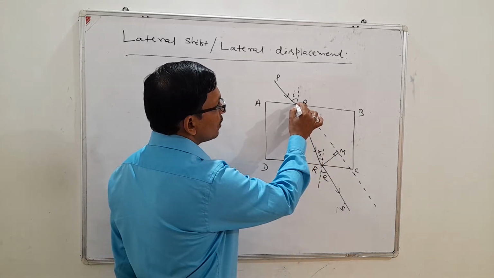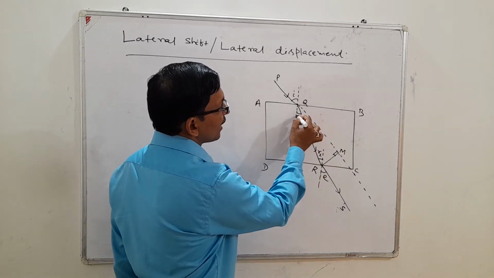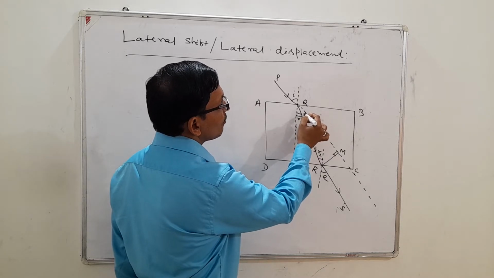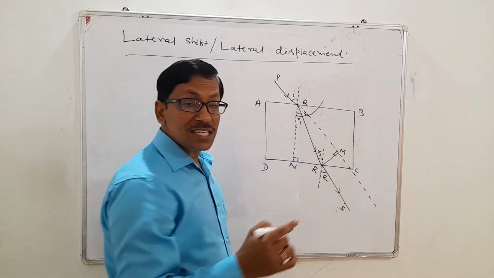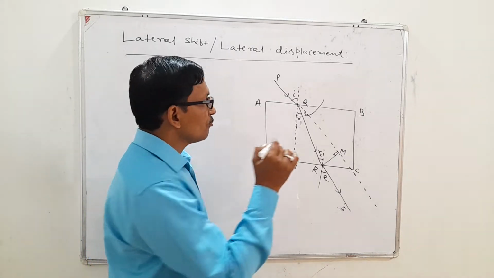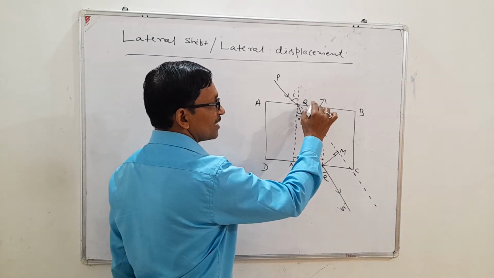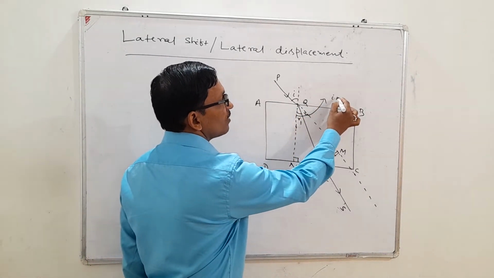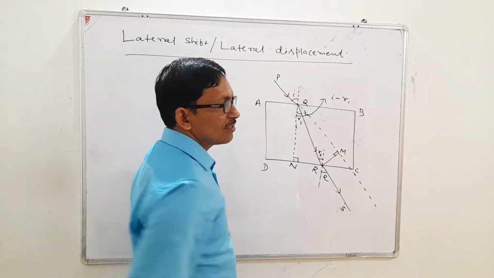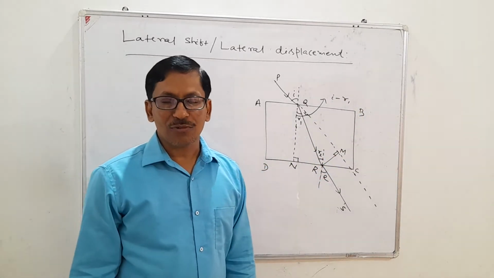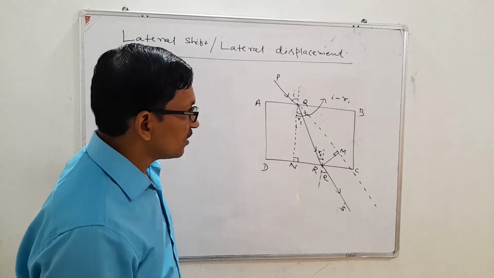You see now, this angle and the total angle are vertically opposite. Applying a little geometry, the total angle is I, so this angle will be I minus R1. Simple geometry.